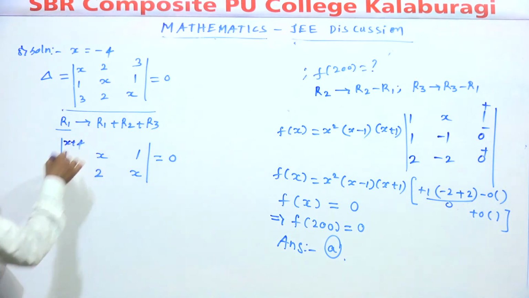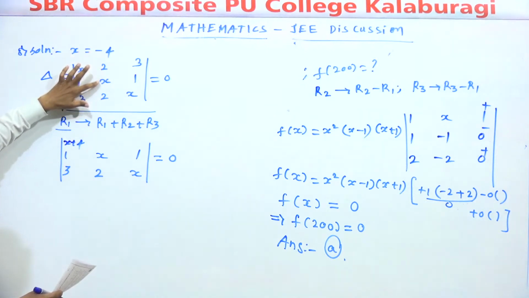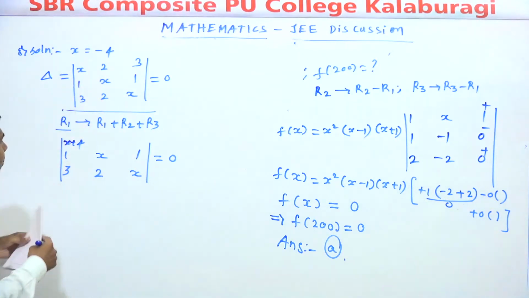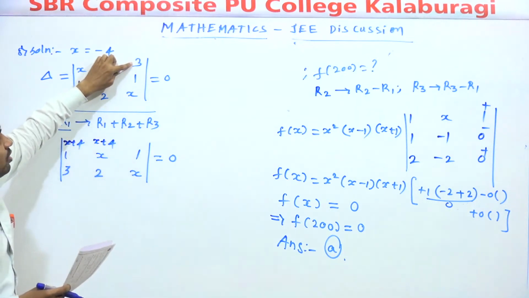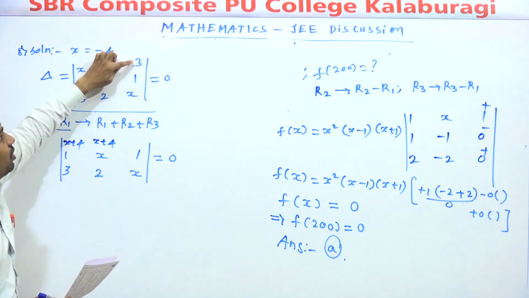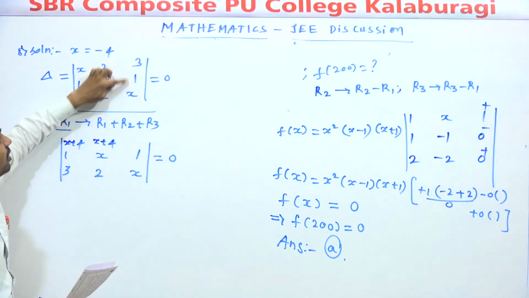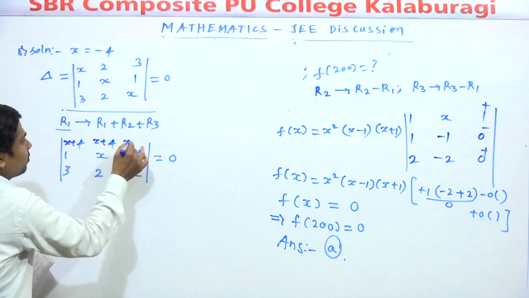Right? It is x plus 4. Here also, what is R2? x. What is R3? 2. 2 plus x plus 2 is x plus 4. Again, for this, what is R2? 1. What is R3? x. 3 plus 1 is 4, so 4 plus x, or x plus 4.